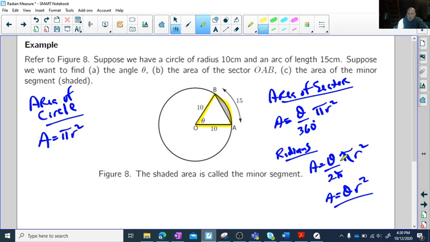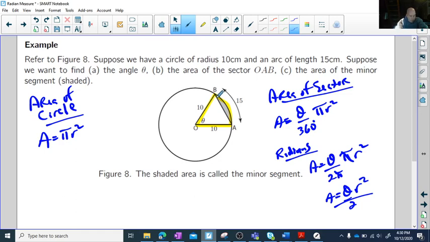So in radians, I just did the conversion. Instead of 360, I put 2 pi here, which nicely crossed those out. And oh, I should have over 2 there. Sure, some of you were yelling at the screen as I was screwing that up. It should be theta over 2, because the 2 is still left here, times the radius squared. And that will give you the area of that sector.